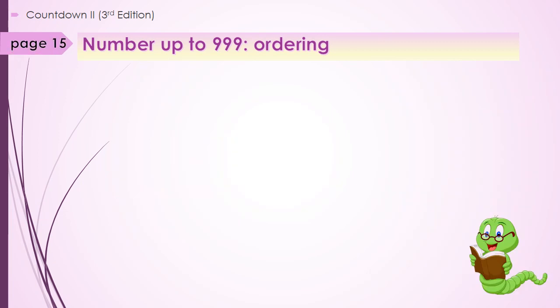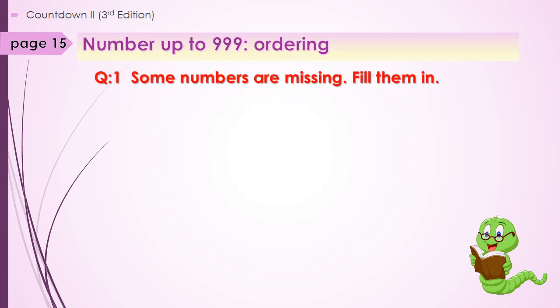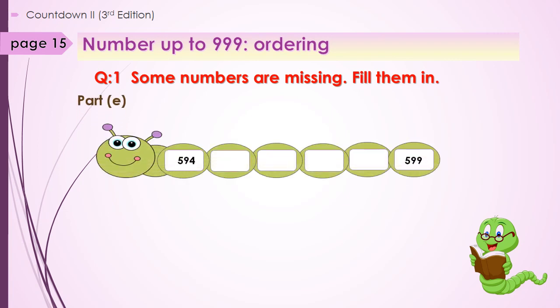Page number 15, number up to 999, ordering. Question number 1. Some numbers are missing. Fill them in. Part E. Here you can see some numbers are missing. To find out the number, we will count forward.